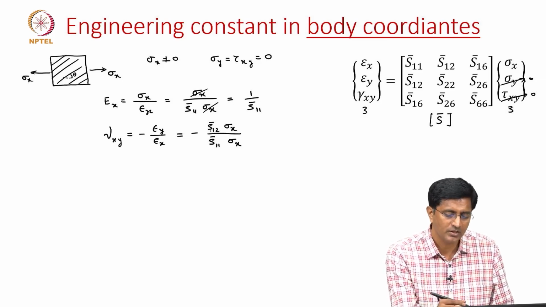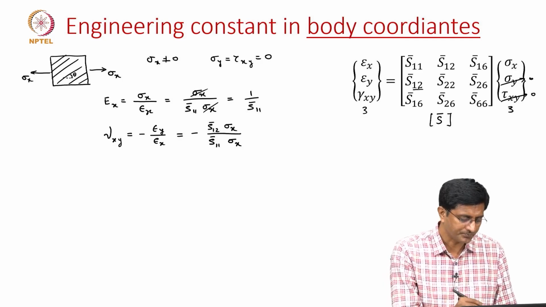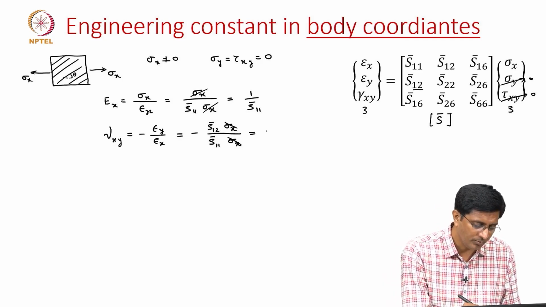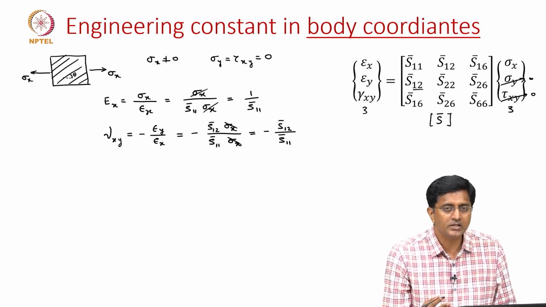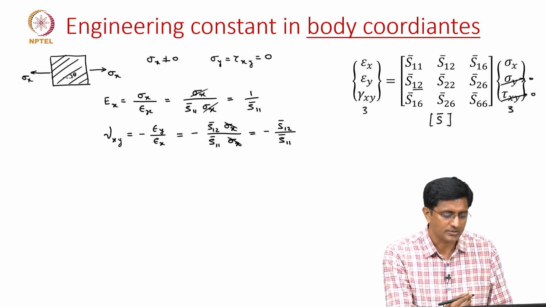So instead of writing S21 here, I simply wrote it as S12. Now if we remove this sigma x from numerator and denominator, we end up with minus S12 bar by S11 bar.